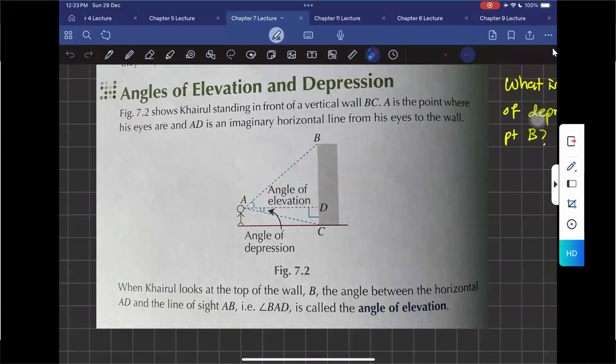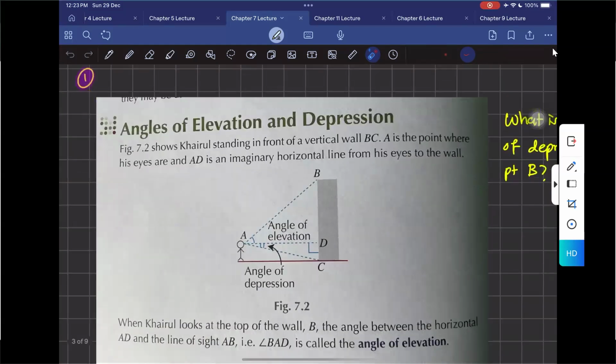Similarly, if he's looking at the bottom of the wall, which is your point C, the angle the horizontal plane makes with the line of sight is known as the angle of depression. So these are two simple concepts for your first learning objective.